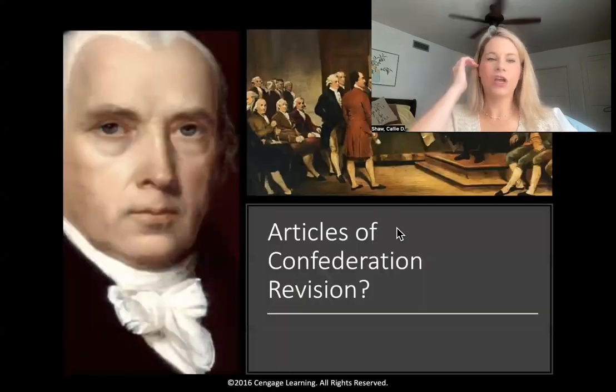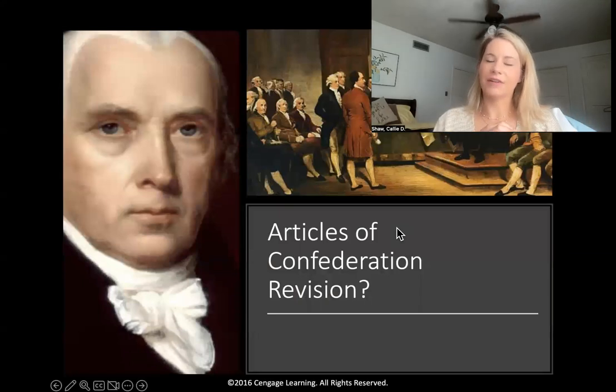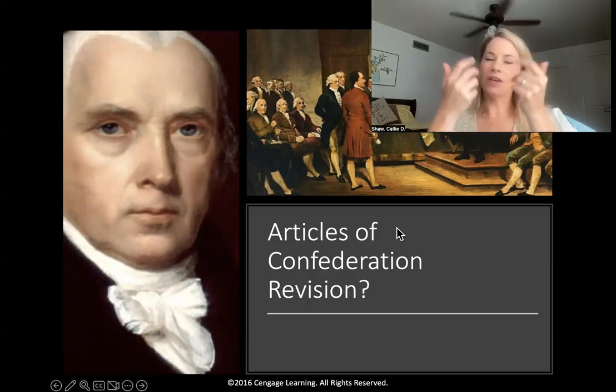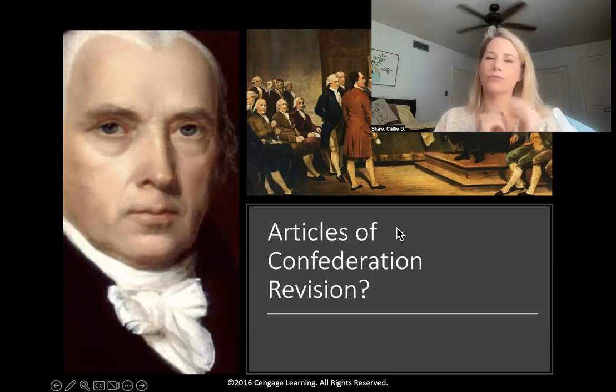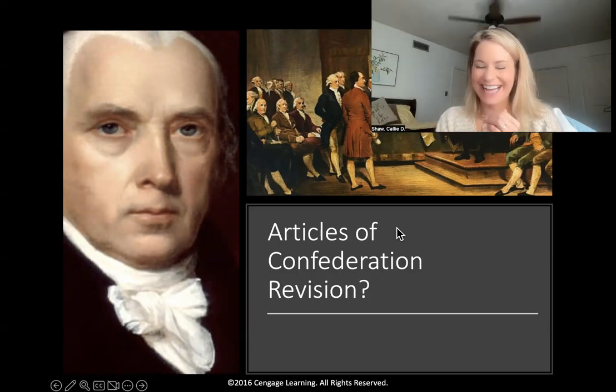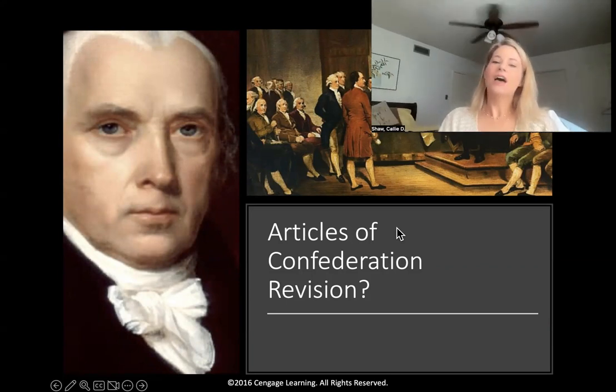So he set the stage for the founding fathers getting together in Philadelphia to originally just tweak the Articles of Confederation. Now, I want you to really think about that. There was nobody in that room when they first went in that thought, let's form a whole new form of democracy. Let's scrap this thing and let's just do something crazy. No, that wasn't a twinkle in any of their eyes. Again, they were going originally to amend, to tweak the Articles of Confederation. And it wasn't until two individuals that this changed, including Alexander Hamilton and James Madison.